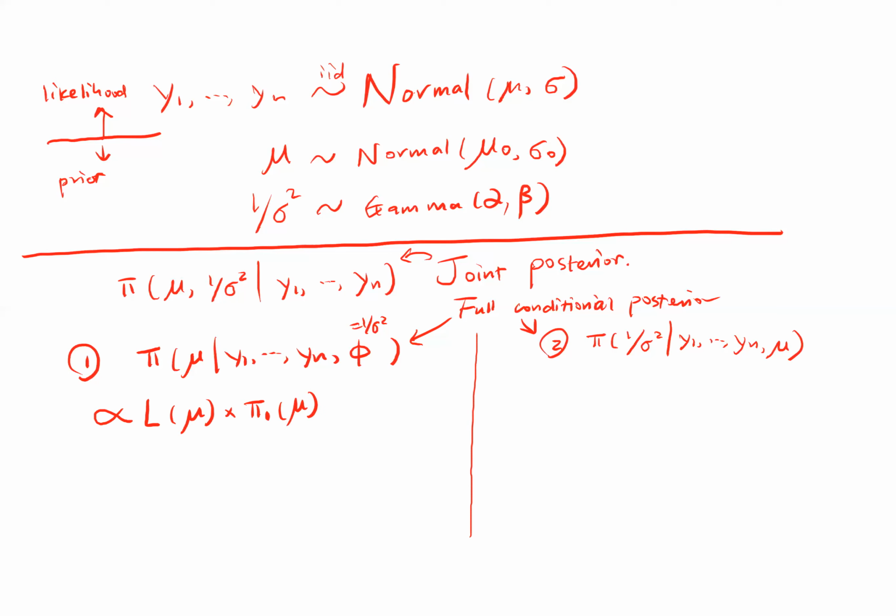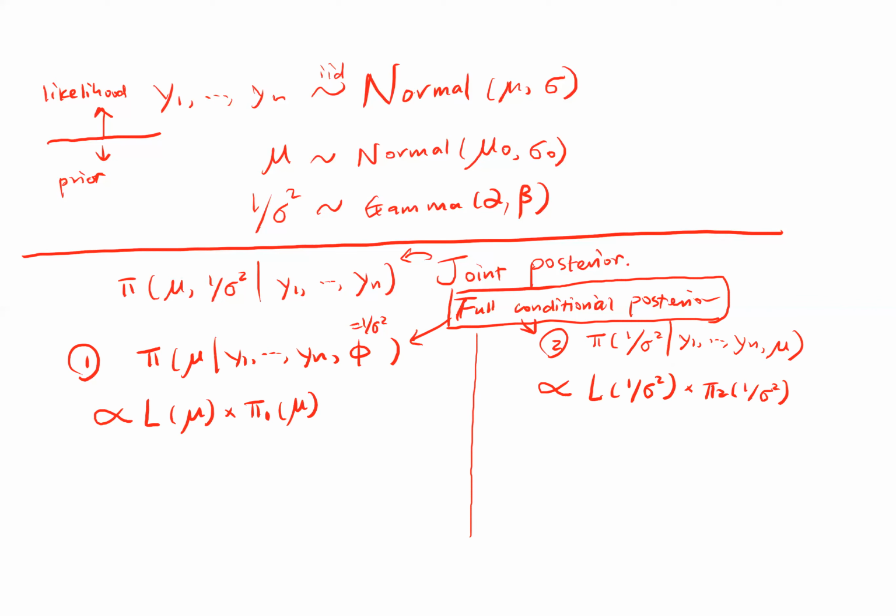And then for the full conditional posterior distribution for 1 over sigma squared, it's going to be the likelihood in terms of this, and then the prior. If I write it this way, you can see its resemblance to what we covered in the previous chapter, but now we're talking about different things. They are called full conditional posteriors. So the derivation will be very similar as before.